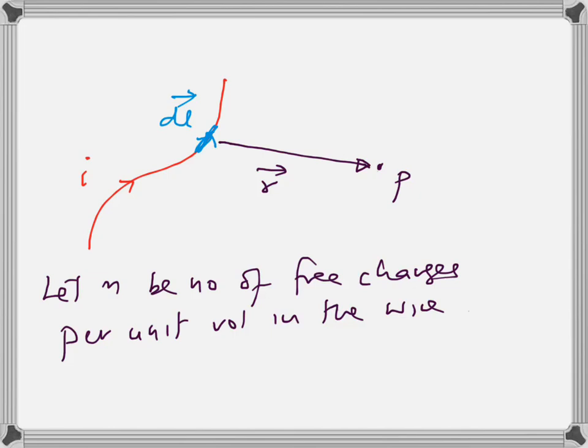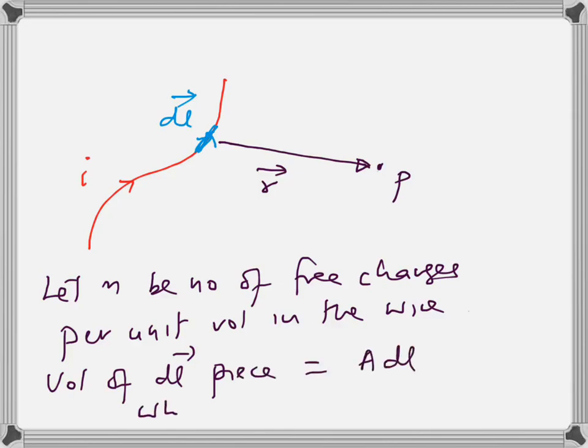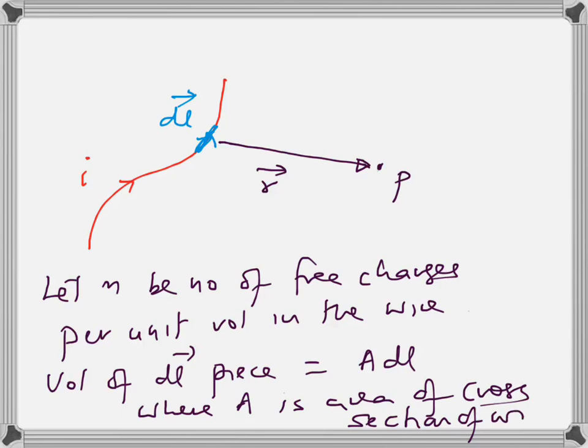If you are working with CGS, unit volume will be 1 centimeter cube, but we are working with the MKS system, so 1 meter cube. So n is the number of free charges per unit volume in the wire. Then the volume of the dl piece will be A dl, where A is the area of cross section of the wire.